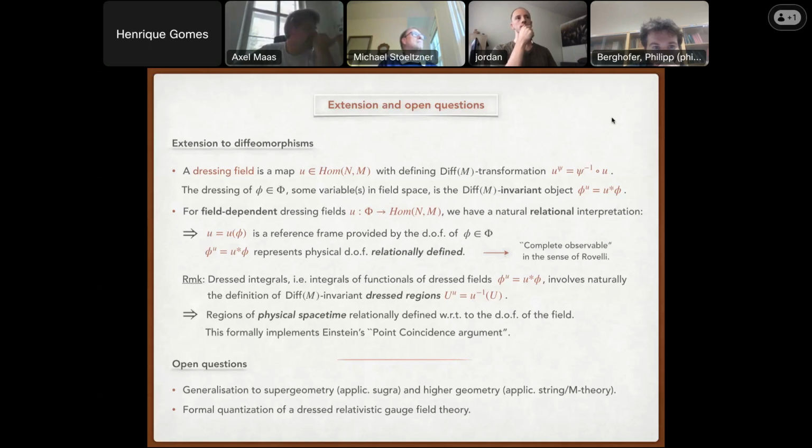But now, if you find a dressing, these things are uncoupled. If you find a dressing that just uses the psi field, this won't really help in finding what you called here, in a different slide, the relational physical degrees of freedom, right?